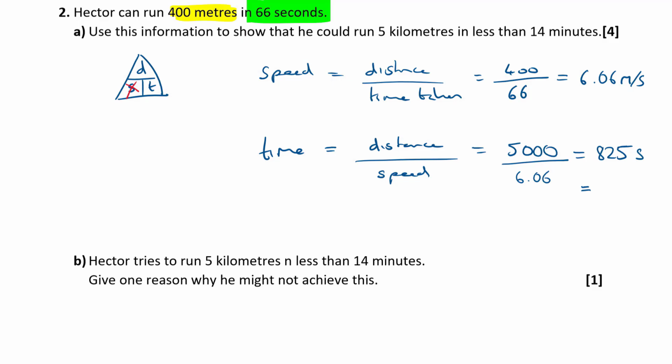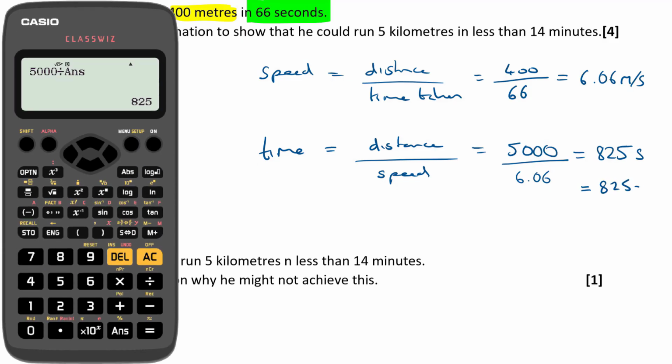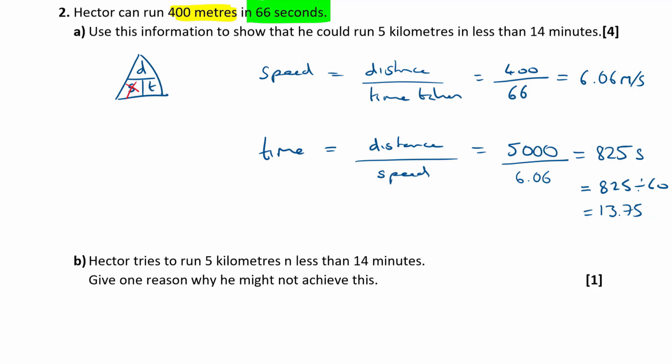Now, what's that in minutes then? To convert seconds into minutes, I'm going to divide by 60, aren't I? There's 60 seconds in a minute. So 825 divided by 60 would be what? 13.75 minutes. Now that's a decimal, isn't it?